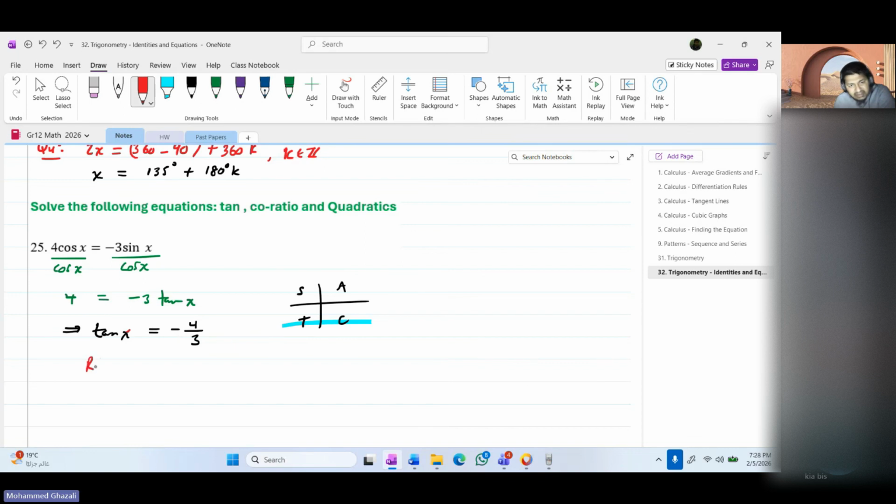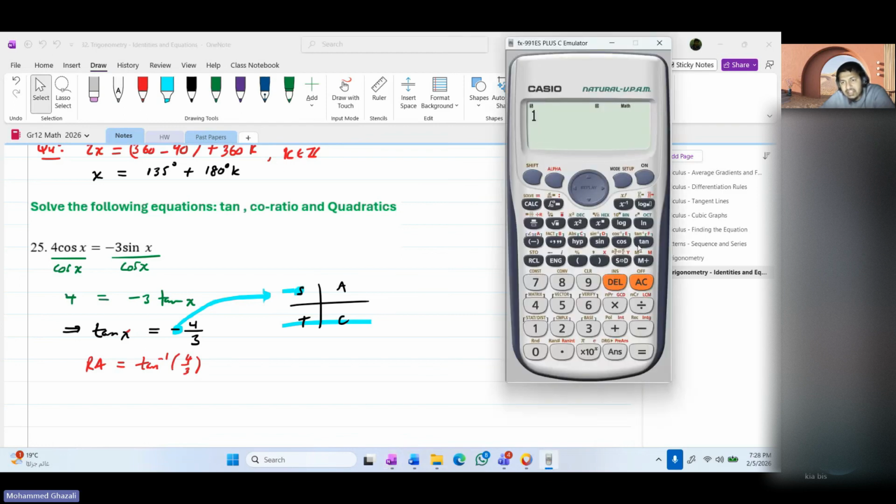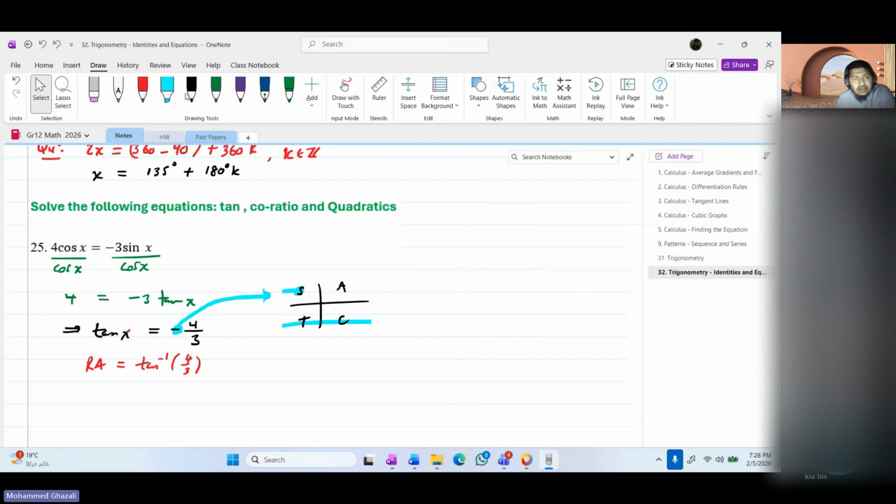So to find the reference angle will be tan inverse 4 over 3, not negative, because the negative tells us which quadrant we should go in. We should go in the second quadrant, right? That's where the negative is. So tan inverse 4 over 3, we're going to put that into the calculator, shift tan 4 over 3, and I would see what the answer is. 53.13 degrees, right?